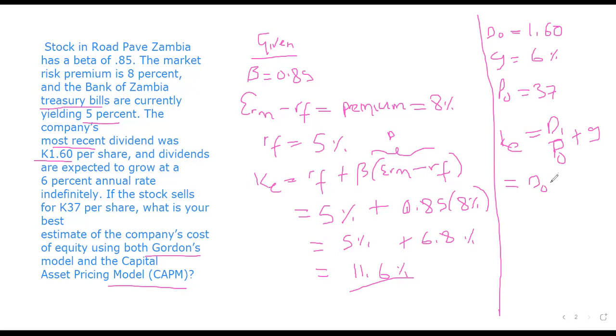D0 times 1 plus growth, right? Where you're going to have 1.6 times 1.06 over 37 plus our growth of 0.06. Quickly calculate.